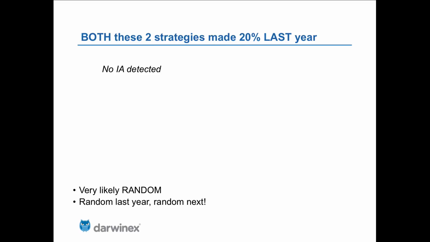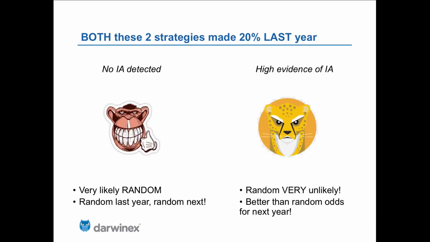And that's why we have done Darwinia: to rule out lucky monkeys, which is what this strategy seems to have been. And to find strategies which do win, and this is the key point, and in addition to winning, also highlight evidence of investable attributes.